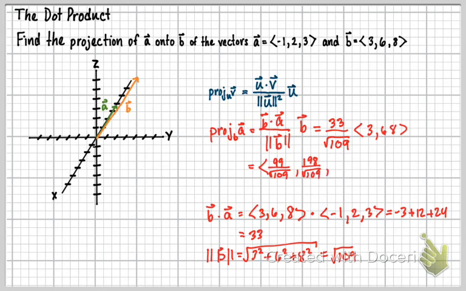And then for the last one, 264 over square root of 109. Essentially I just took that 33 and multiplied it by each of these. There's nothing more I can do than that. So our final answer for this projection is here.